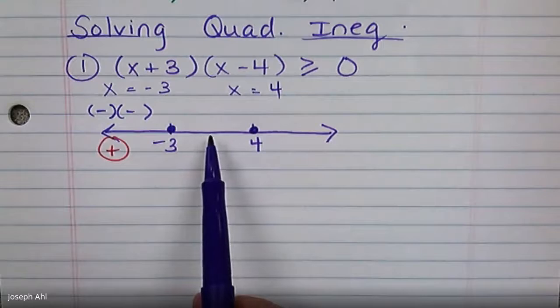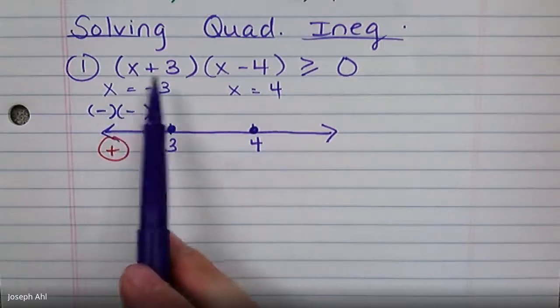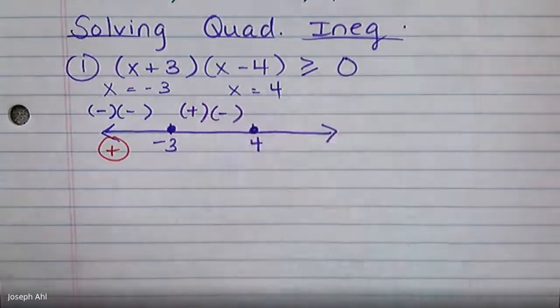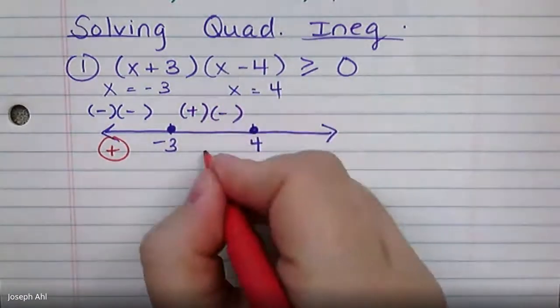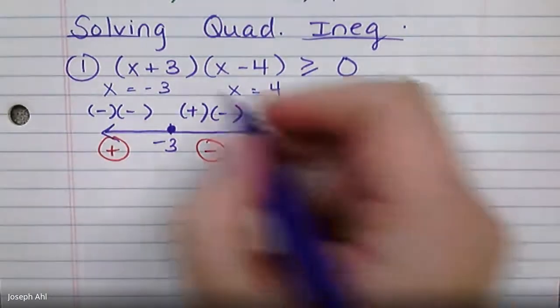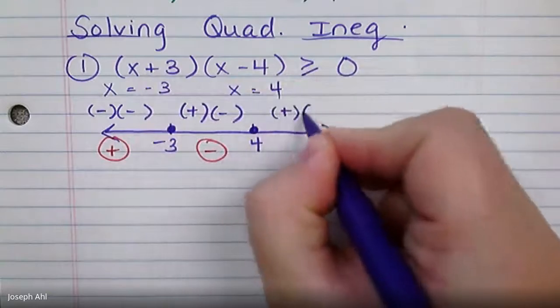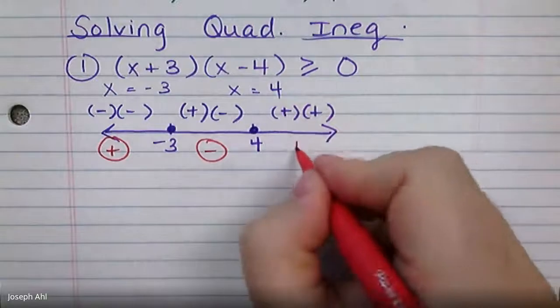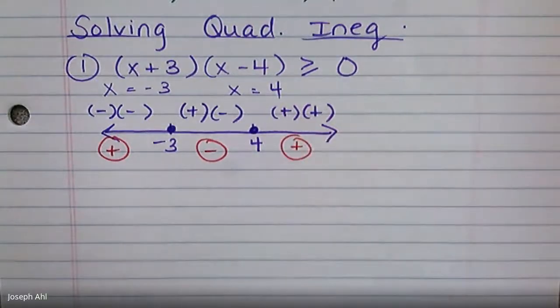Let's test 0 in the middle. 0 plus 3, that's positive. 0 minus 4 is negative. Positive times negative, altogether should be negative. And then finally, if I test 5, 5 plus 3 is positive, 5 minus 4 is positive, and 2 positives multiplied together are positive altogether.